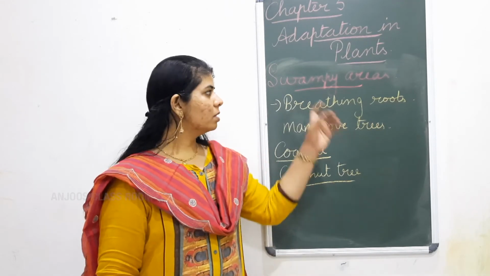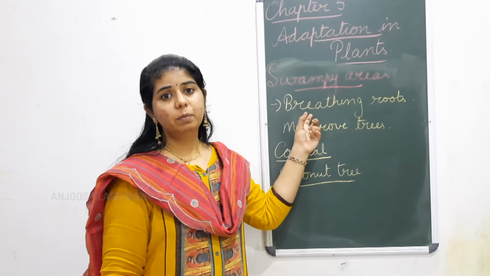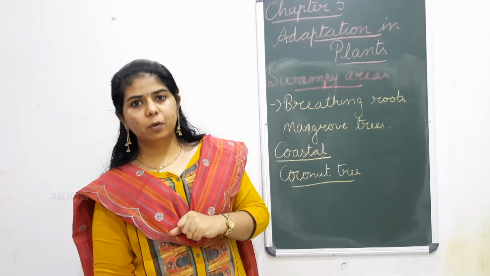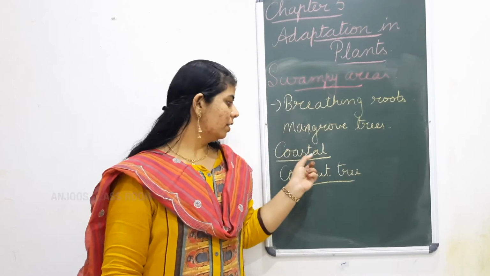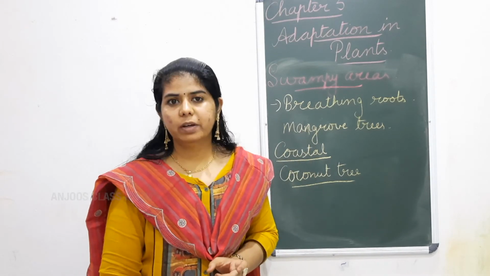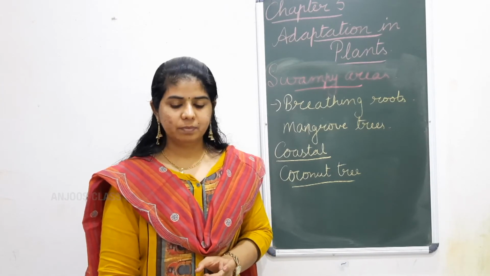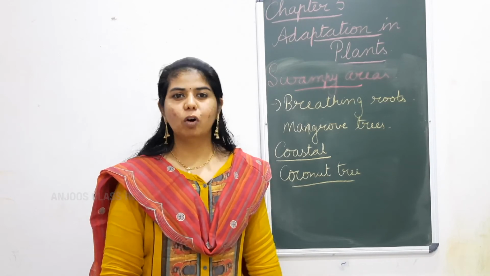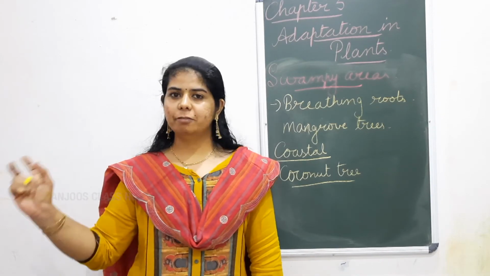Got it now? In the swampy areas, breathing roots can be seen mainly in the mangrove trees. In the coastal region, we can see the very strong coconut trees. So till now I didn't give any work for you, just to observe the different areas.